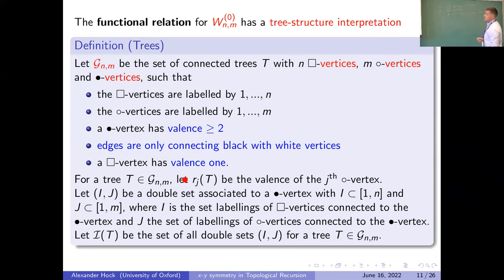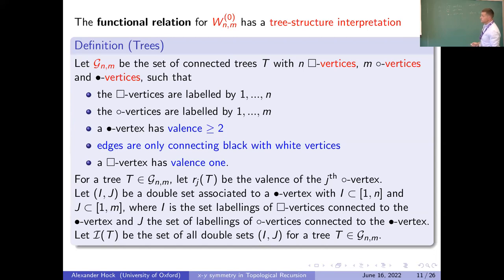And we say that just black and white vertices are connected. So whenever I have a black vertex, it's just connected to white vertices, either to this one or to this one. And the black vertex can have any valence greater or equal than 2. Also, the white round vertices can have any valence greater or equal than 1.